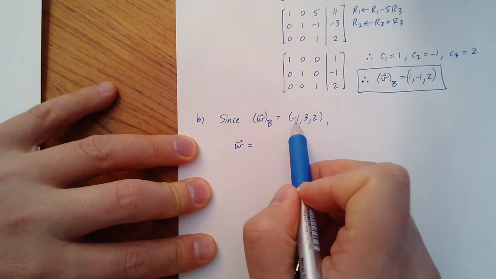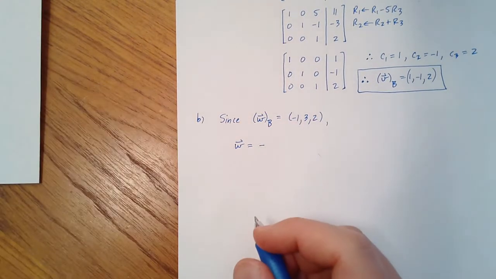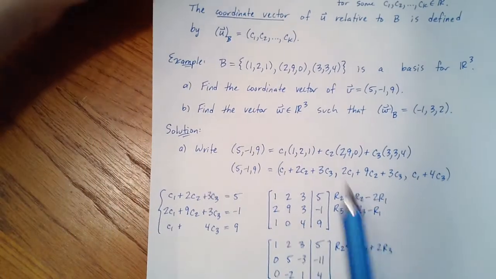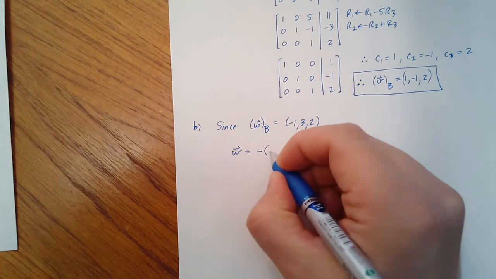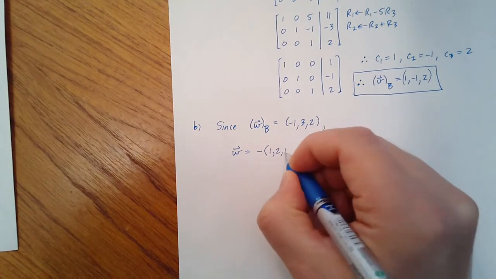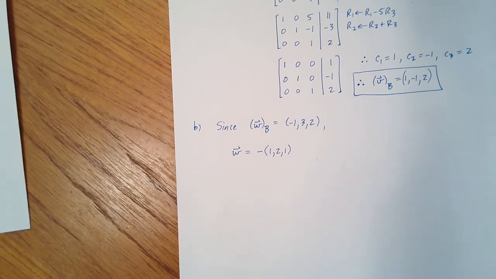Just take this scalar negative 1, and multiply it by the first vector in your basis. Sorry to keep flipping around, but the first vector in the basis is 1, 2, 1. Really, it's negative 1 times the vector 1, 2, 1. That's the same as just writing a negative sign in front.